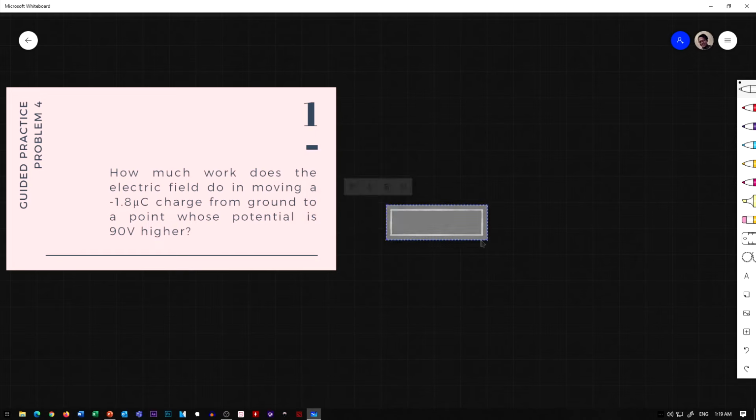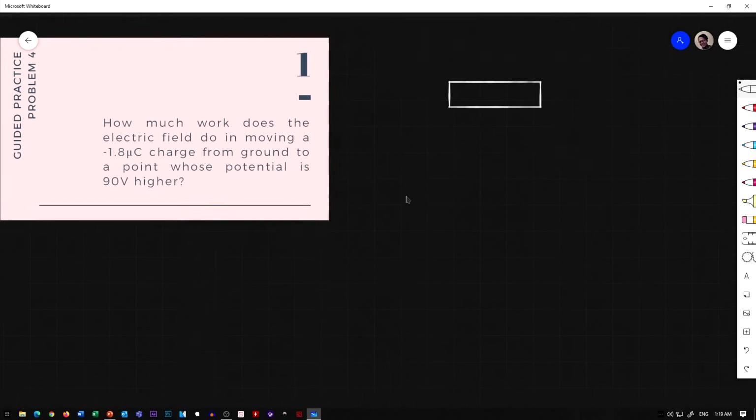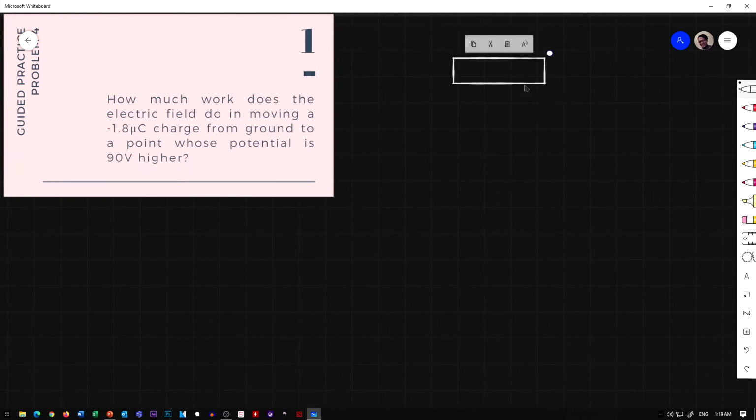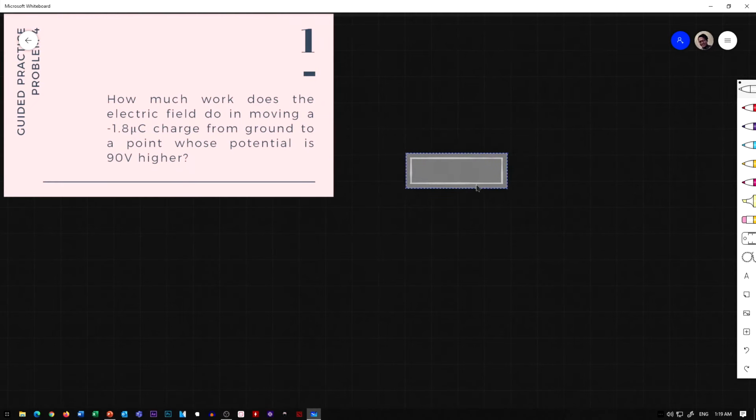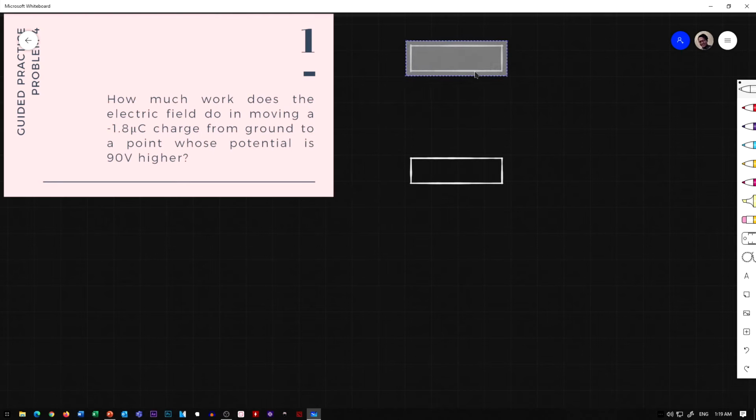Then according to the problem, the charge is placed on the ground, right? Then it will be moving to a place where it is higher. So we have a charge that has a value of 1.8 microcoulombs.